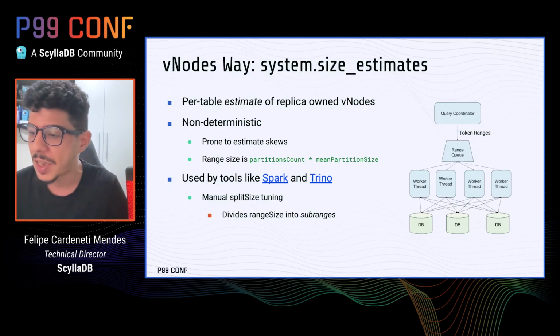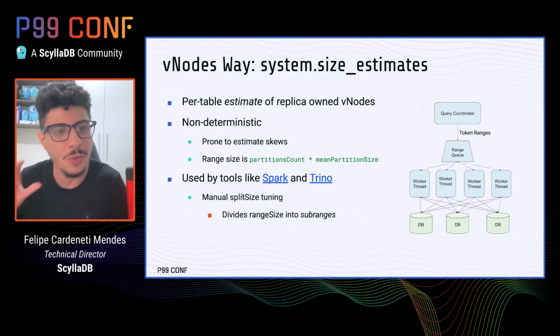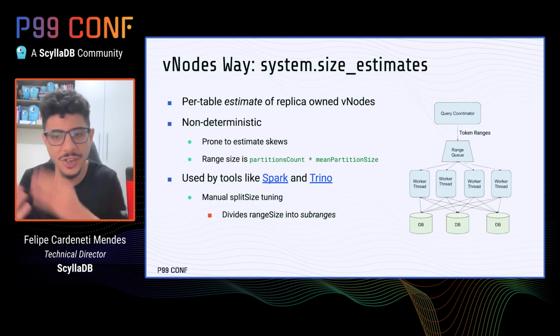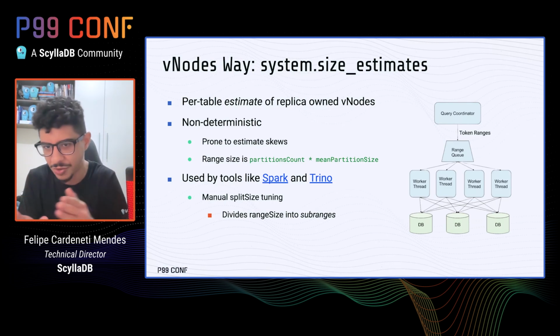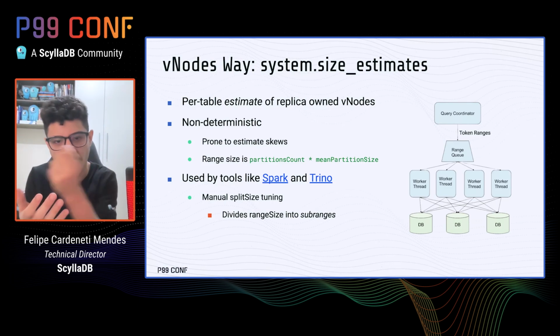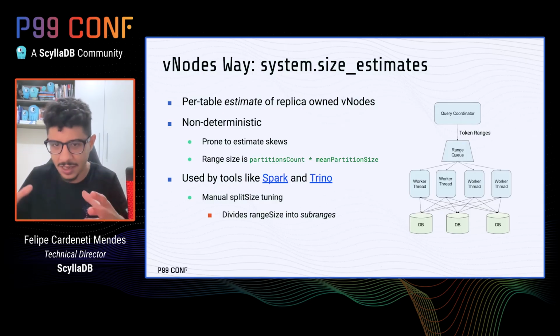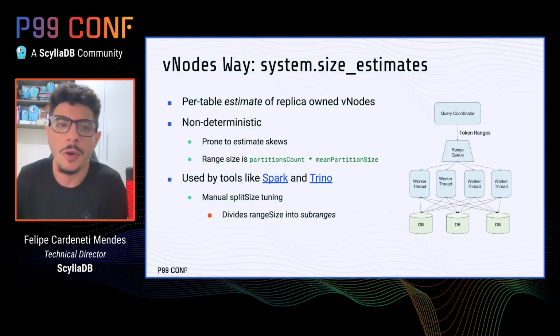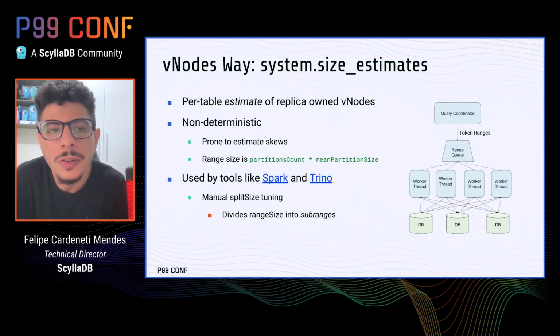And on this table, each replica in the cluster will sample the number of partitions, and the product of the mean size spanning these partitions will correspond to the size of its own token ranges.